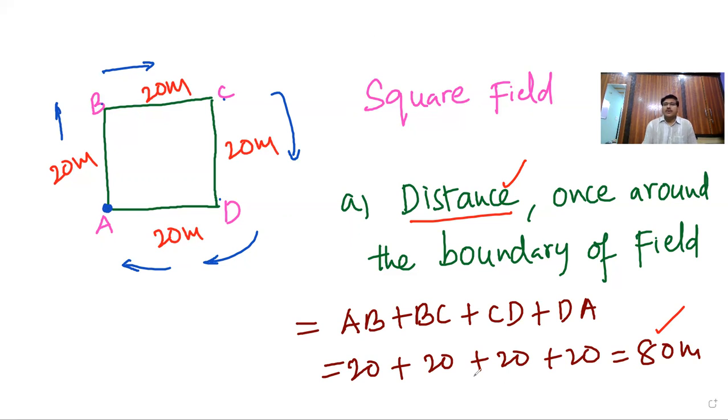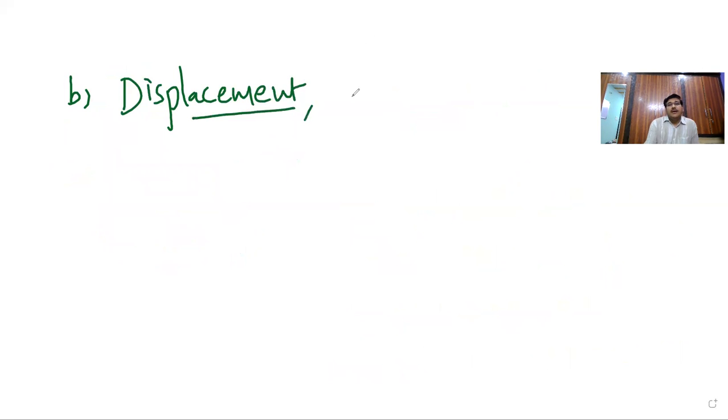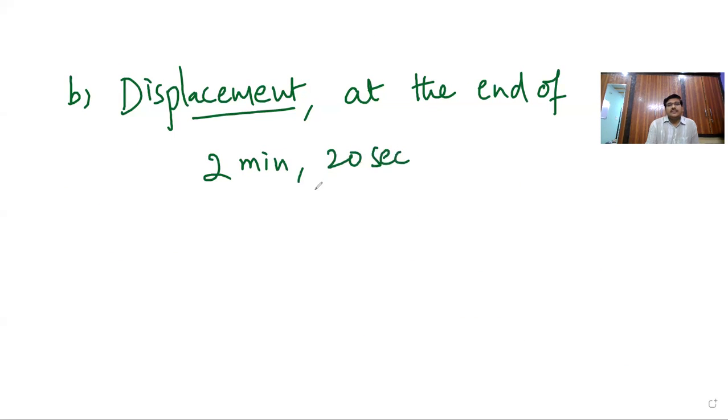Now, the second part of the question, part B, displacement. The magnitude of displacement is being asked, at the end of 2 minutes 20 seconds. This is the time.